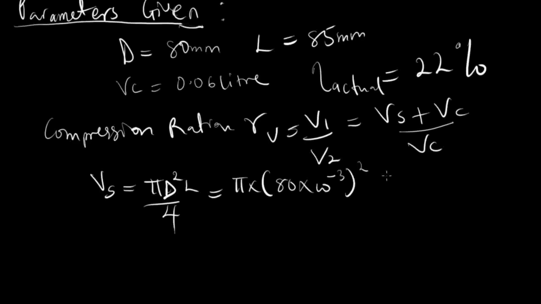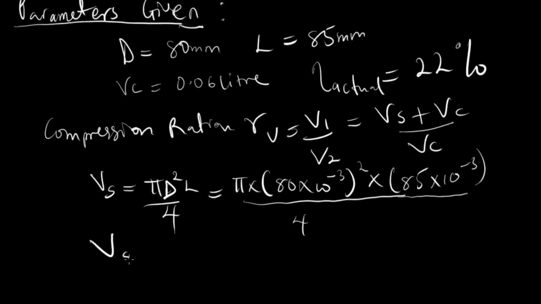Of course it's in millimeters, but we work with our basic unit, so it has to be converted. 85 times 10 raised to power minus 3, that is the stroke, over 4. Okay, so Vs finally will give us 4.2726 times 10 raised to power minus 4 meter cube.